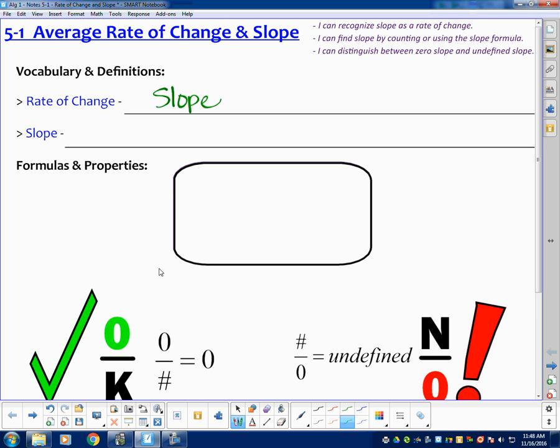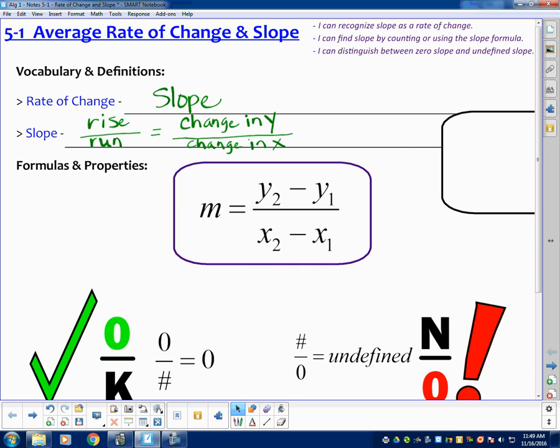Rise over run. What else did you write up here? Change in Y over the change in X. You should have gotten that from the video as well as this formula.